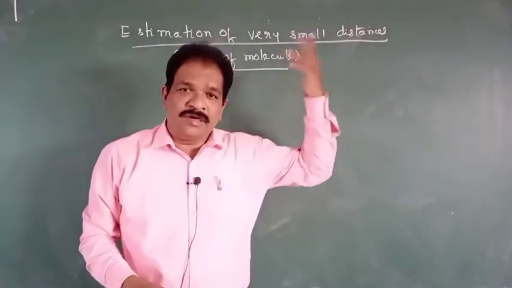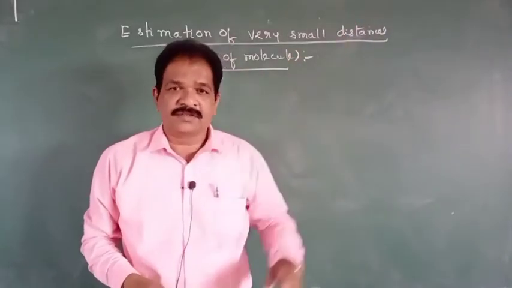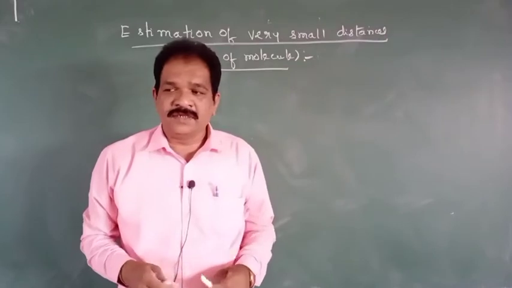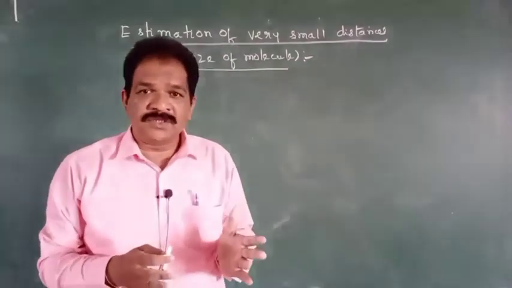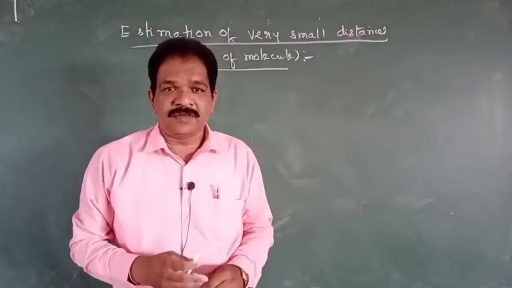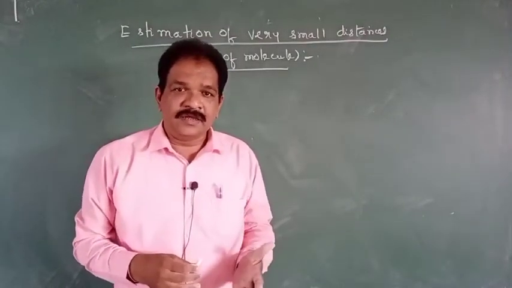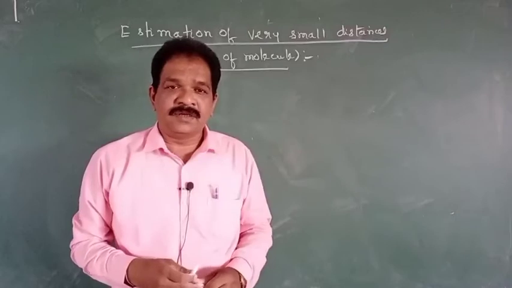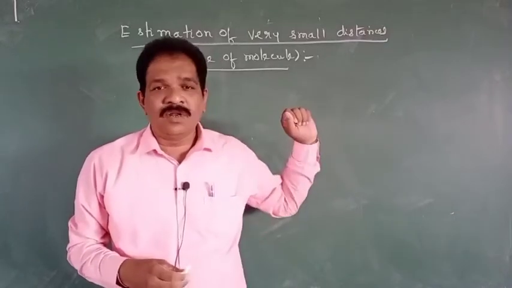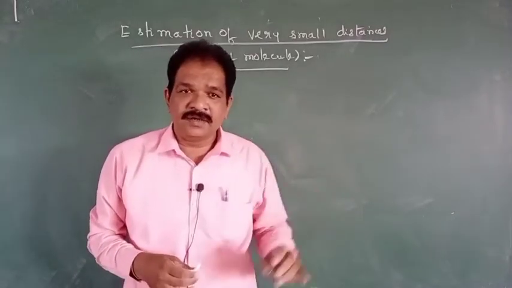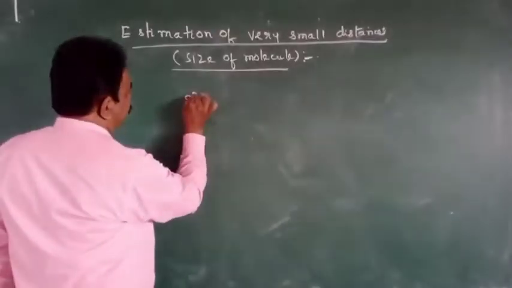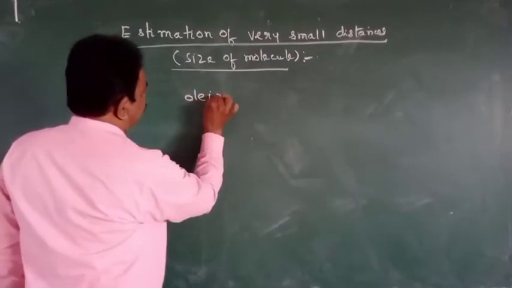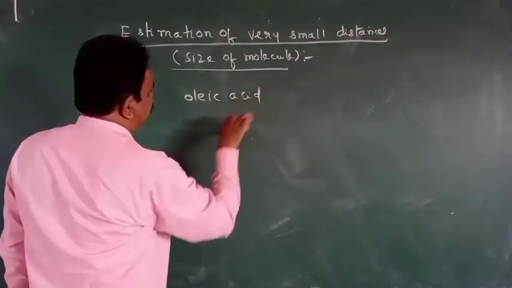These are the olden methods, some from the 17th century, 18th century. At that time the latest equipment was not there. How were the scientists measuring the size of a molecule? So we are taking oleic acid.